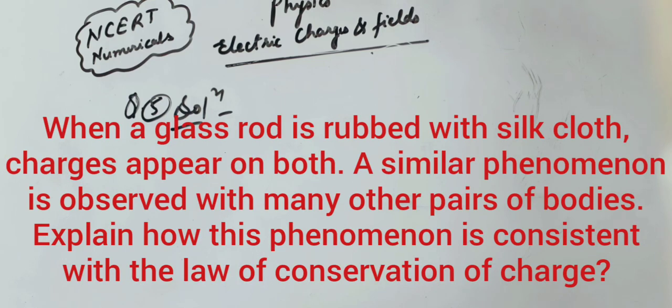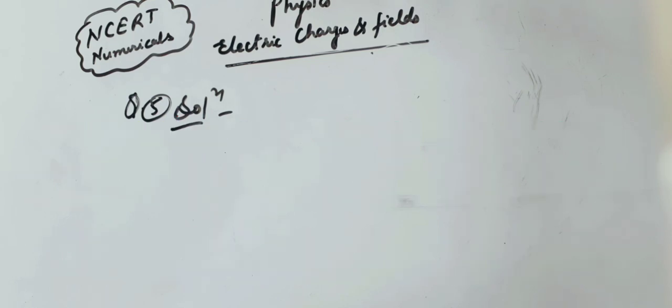Question number 5 is also a theory based question. When a glass rod is rubbed with a silk cloth, charges appear on both. A similar phenomenon is observed with many other pairs of bodies. Explain how this observation is consistent with the law of conservation of charge.